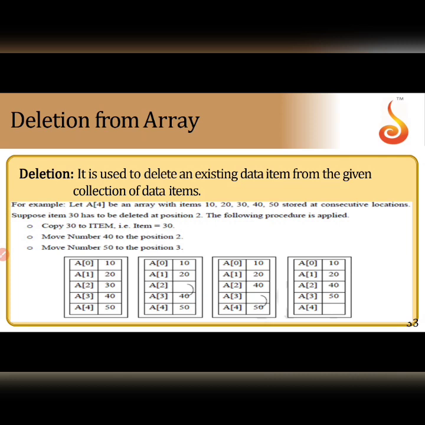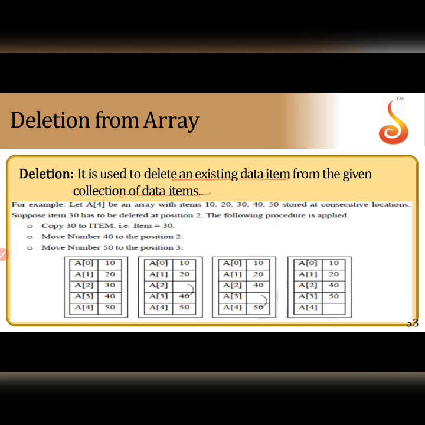So at a given position, this is also your practical program. So what do you mean by deletion? It is used to delete an existing element from the given collection of data items. That is, if you want to delete an item at a given position.